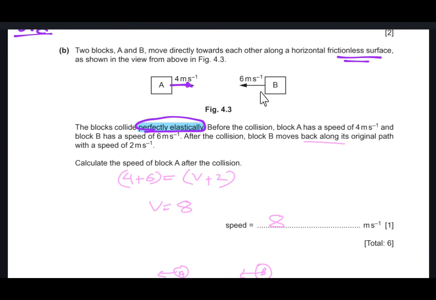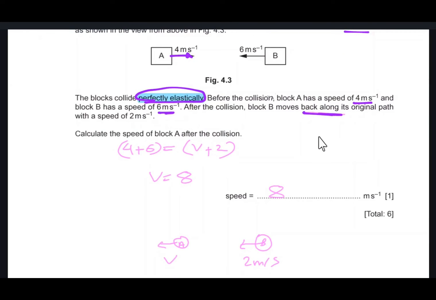That means the speed of approach is equal to the speed of separation. Before the collision, block A has a speed of 4 meter per second and block B has a speed of 6 meter per second. After the collision, block B moves back along its original path with a speed of 2 meter per second.